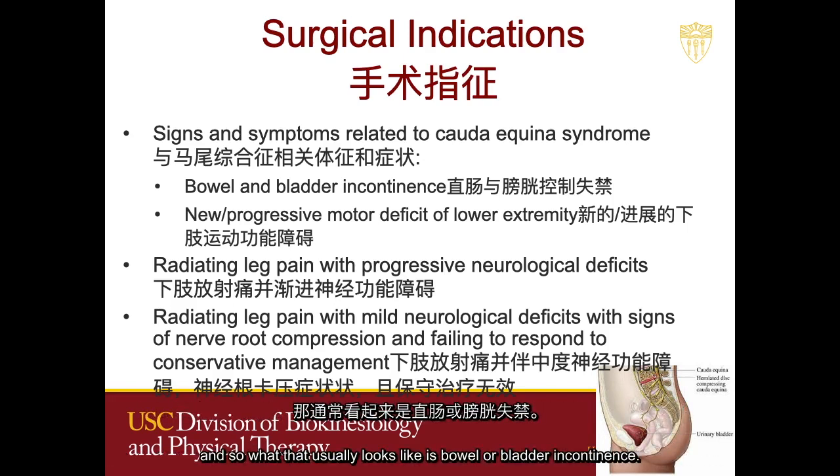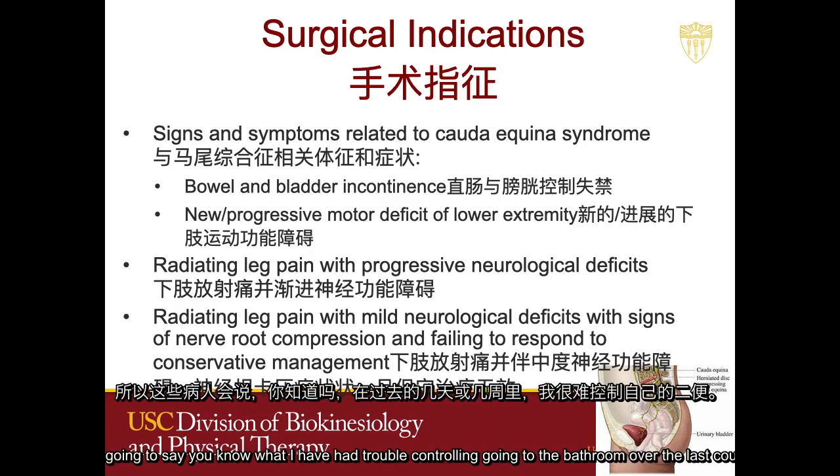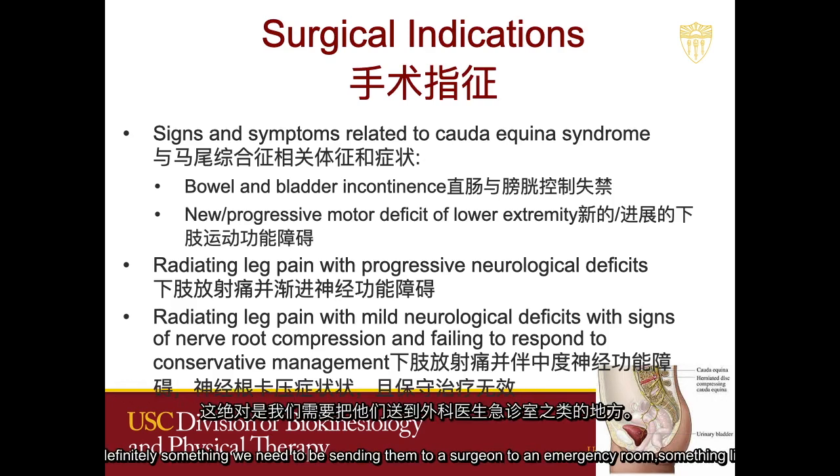What that usually looks like is bowel or bladder incontinence. These patients are going to say, you know what, I have had trouble controlling going to the bathroom over the last couple of days or weeks. That's definitely something we need to be sending them to a surgeon, to an emergency room, something like that.